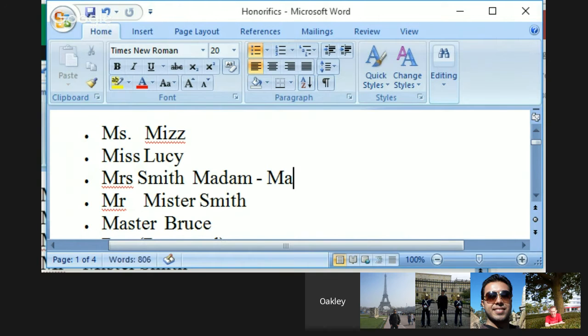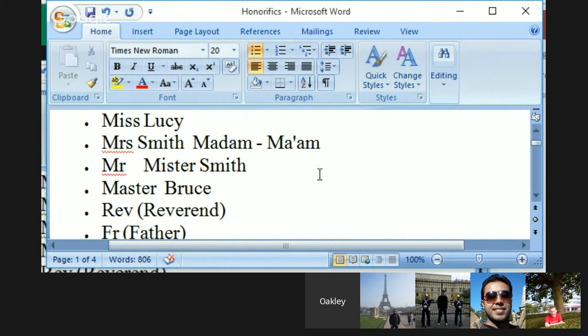We use this kind of ma'am. If it's an older person, you don't know who they are. Pardon me, ma'am. You dropped your gloves. You know, if you're at the opera and a woman drops her gloves. Pardon me, ma'am. You seem to have dropped your gloves. That would be how you would address her.